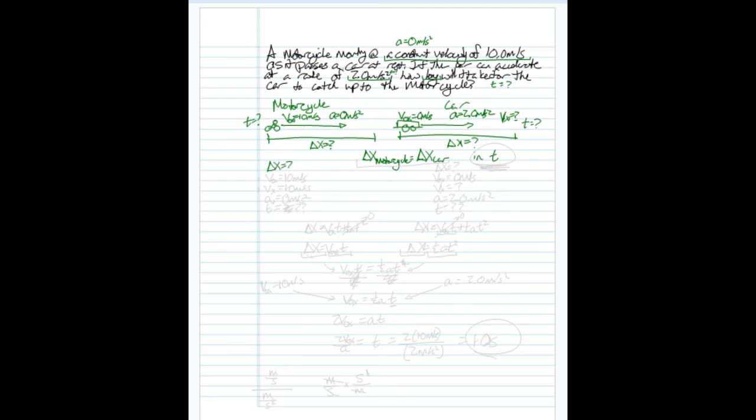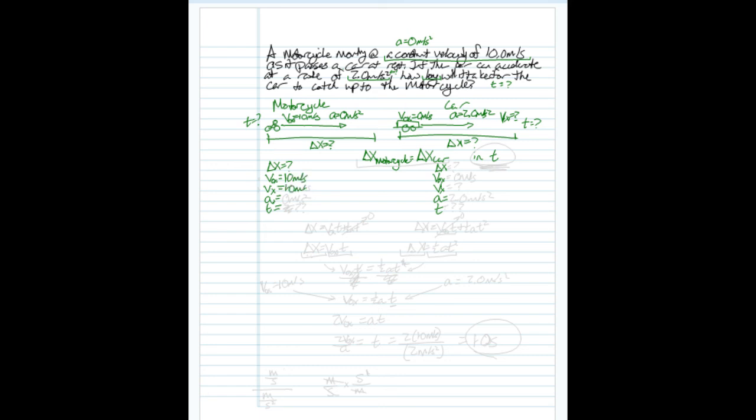We're going to go ahead and subdivide our work over here. Everything on the left is going to be motorcycle. Everything on the right is going to be car. If I were doing this in my notes, I would actually color code and have different colors, one color for motorcycle and one color for car.